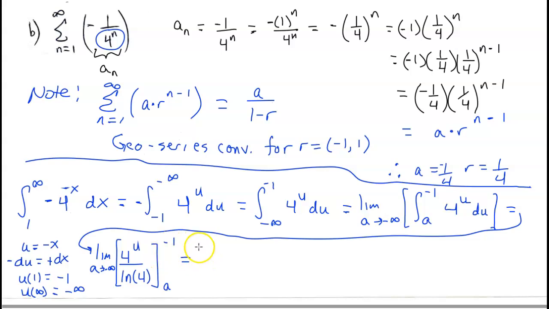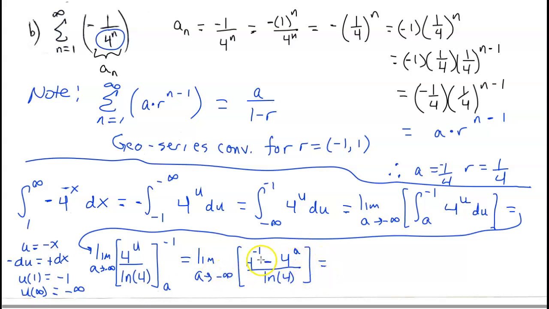And so for here, this would be the limit as a approaches negative infinity. Plug in the -1. So this would be 4 raised to the -1 minus, and we'll have 4 raised to the a, and of course all that over natural log of 4.